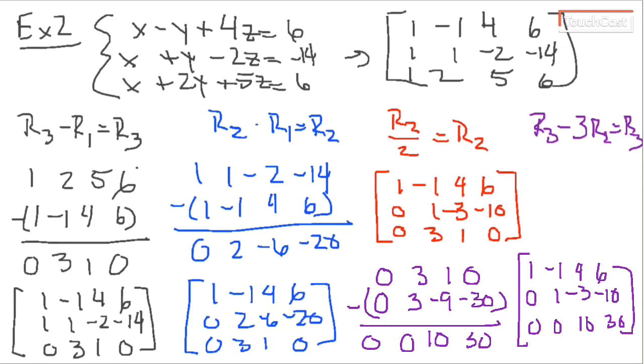So all I'm going to do to move on to the next iteration, the next version of this matrix, is I'm going to take R3, and I'm going to have to do this on another page, divided by 10 to get a new third row. So if I took that third row and divided it by 10, I would end up with the matrix 1, negative 1, 4, 6, 0, 1, negative 3, negative 10, 0, 0, 1, 3.